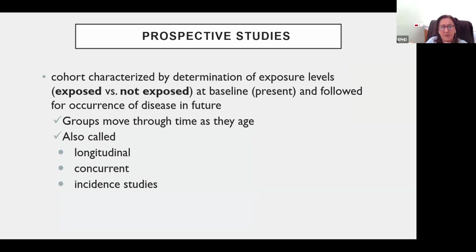So the prospective, as I said, is characterized by this: we collect the data on exposure now. So I'm talking about the present. Okay, so I see who was displaced, who left, and I follow them up, and then I move through time as they age.